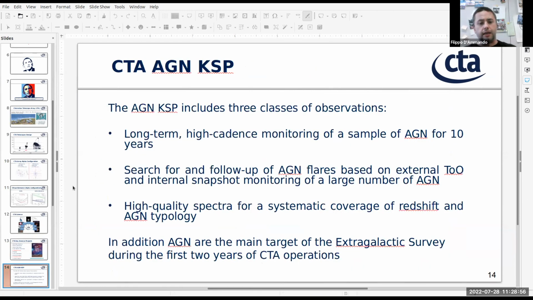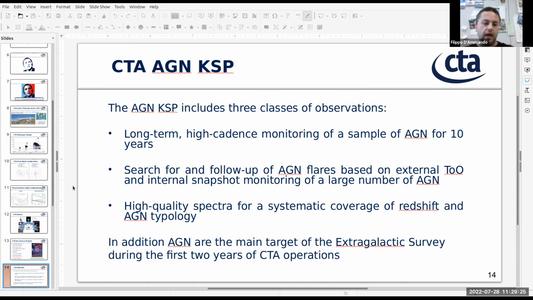Going more in detail in the CTA AGN key science project, this key science project includes 3 classes of observation. So long-term high cadence monitoring of a sample of AGN for 10 years, the search and follow-up of AGN flares based either on external triggers, as can be observations from LSST, or internal snapshot monitoring of a large number of AGN.